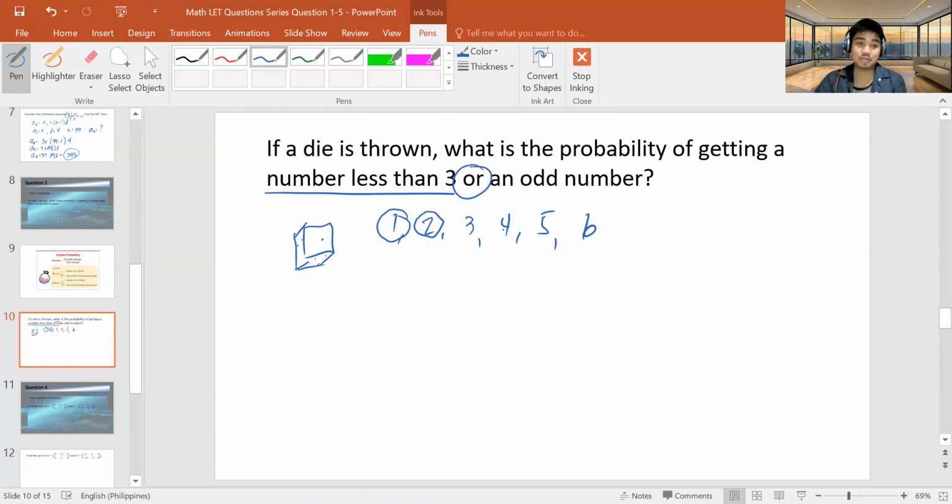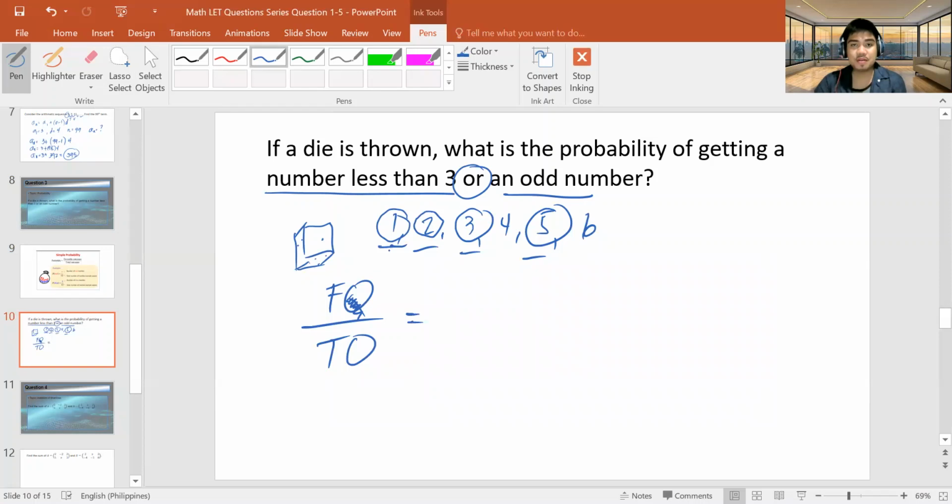Or, so we're going to merge it. Add the odd numbers: 1, 3, and 5. That means the numbers we are looking for are 1, 2, 3, or 5. So, the number of favorable outcomes divided by the total outcomes: the favorable outcomes we expect is 4, over the total outcomes, 6 numbers, so 4 over 6, which is equal to 2/3.